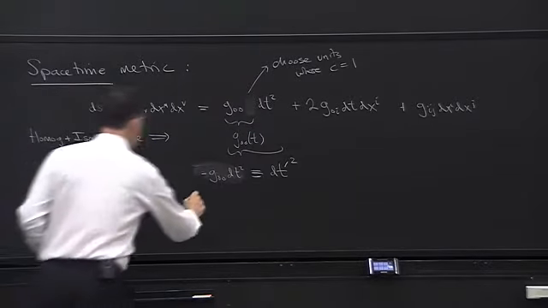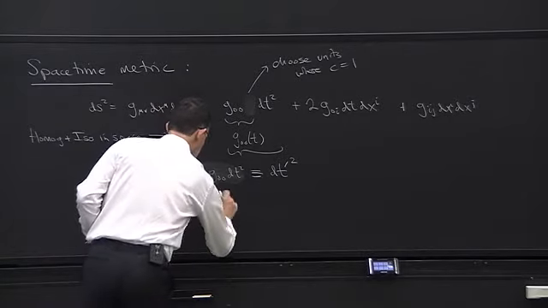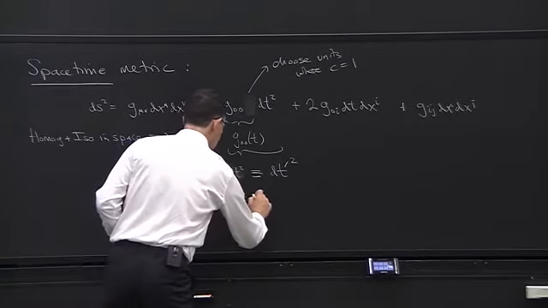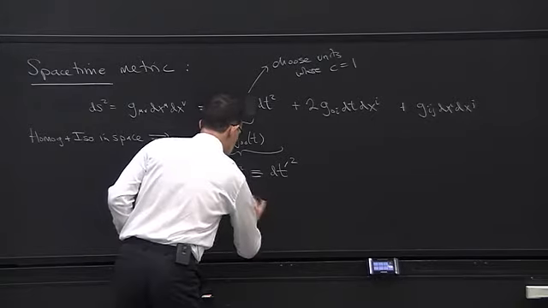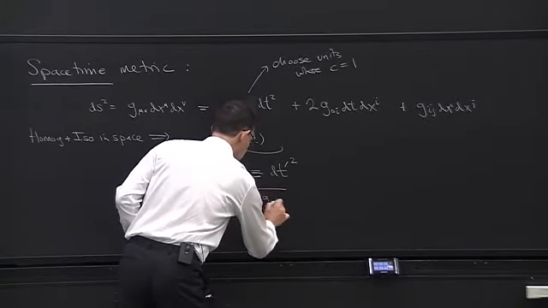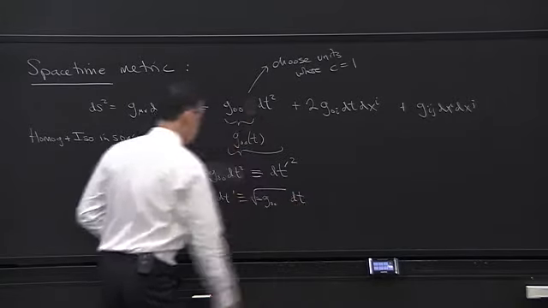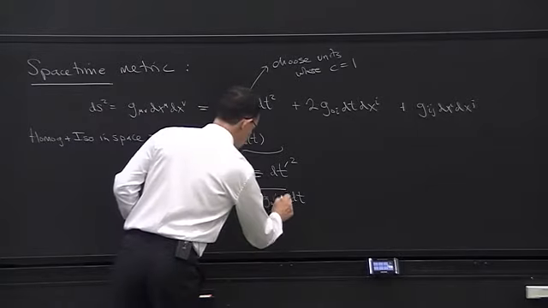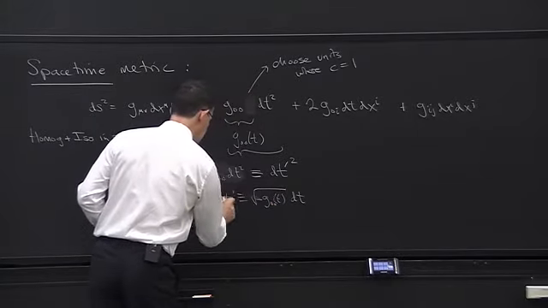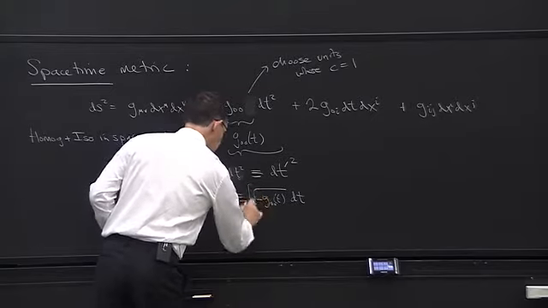That is, dt prime is going to be equal to minus the square root of minus G0 dt. G0 is a function of t, and so I can integrate this. So t prime is just the integral.